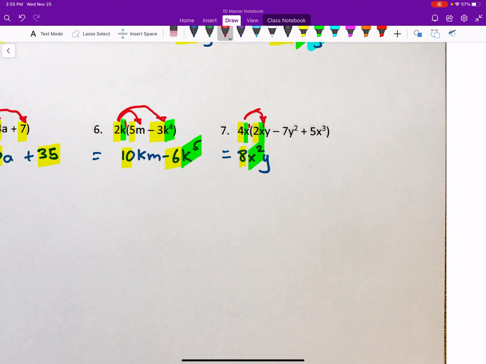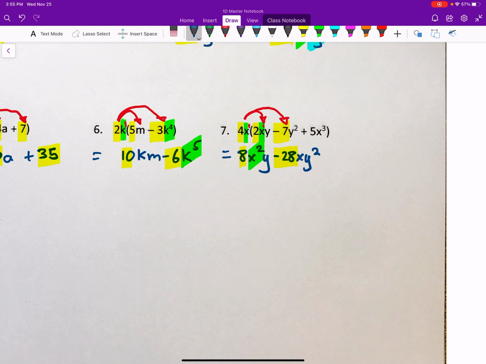Now I'm going to distribute this 4x to the next part, and I'm going to multiply the 4 times -7, and I get -28. And I can't combine the x and the y squared. They're not powers with the same base again, so I can write the x down, and I can write the y squared down, but there's nothing to change on them.